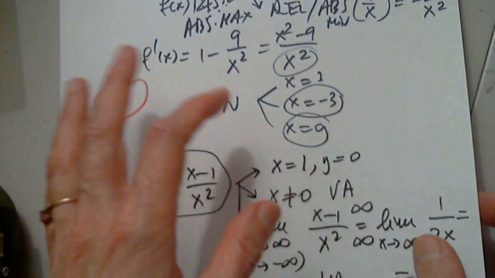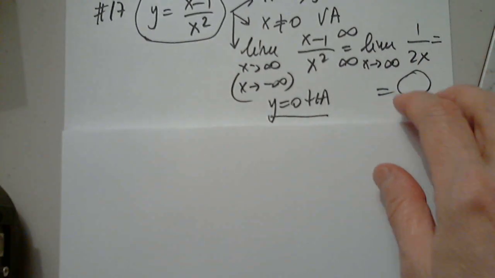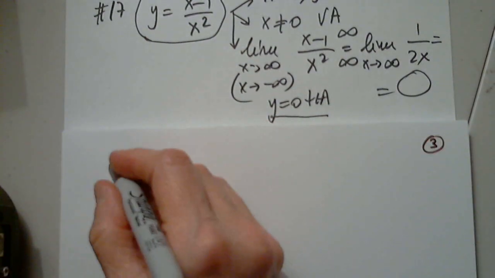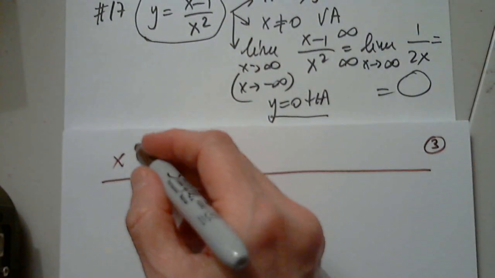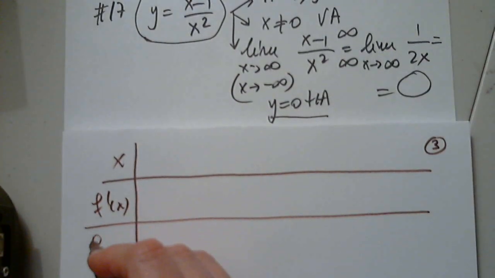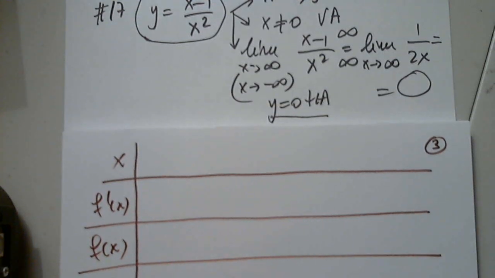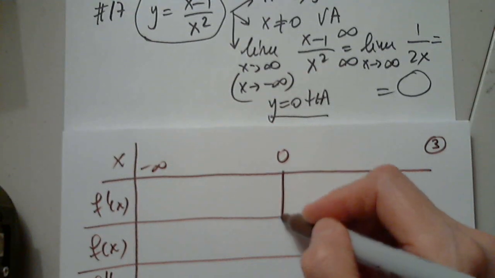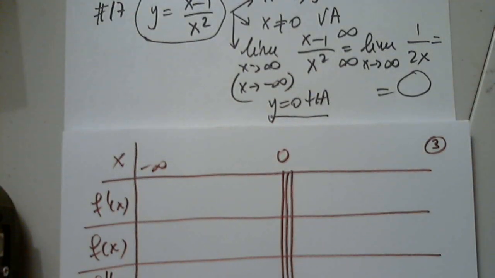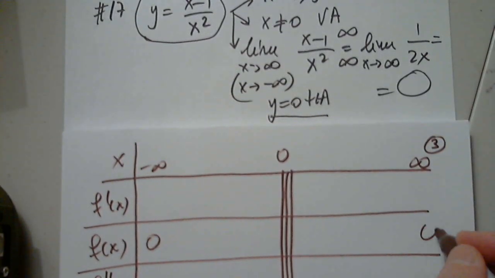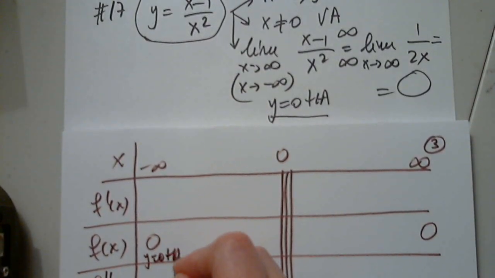And I will do something else before I start the table, but I just want to write it first. So the limit at negative infinity is 0, and at infinity is 0. So y equals 0 is a horizontal asymptote.